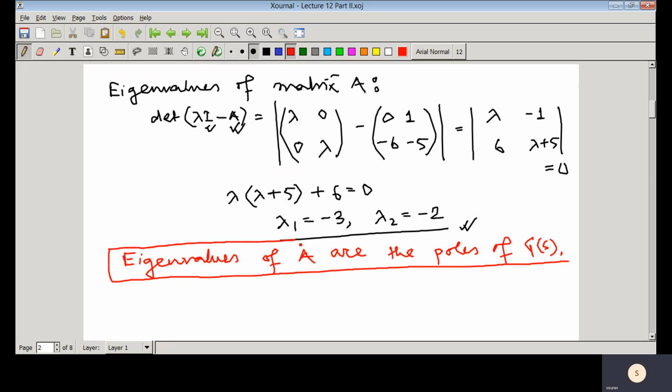That means if a system is realized and given in state space form, and you are asked to find the poles of that system, just find the eigenvalues of the system matrix, and those are the poles of that system. Now we'll see some more examples on realization.